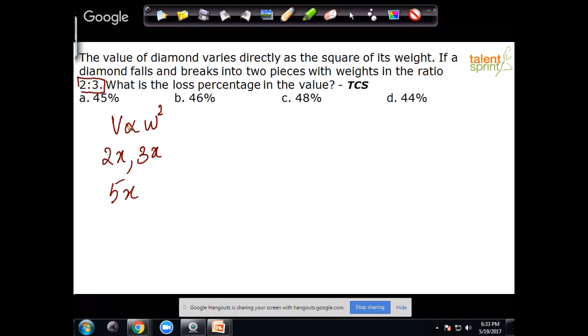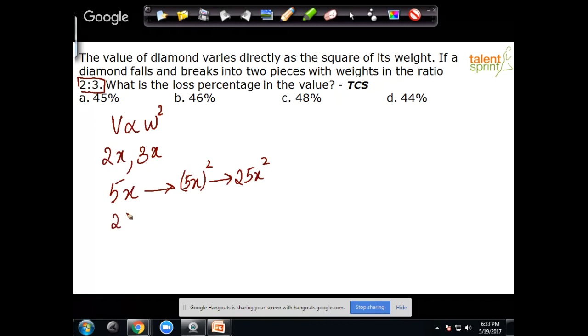And in the question, it is given that the value of the diamond is proportional to the square of its weight. So if the weight of the diamond was 5x, what would be the value? The value of the diamond would be the square of its weight, right? So the value of the diamond would be 25x squared. Correct? That will be the value. Now, it is breaking into two pieces.